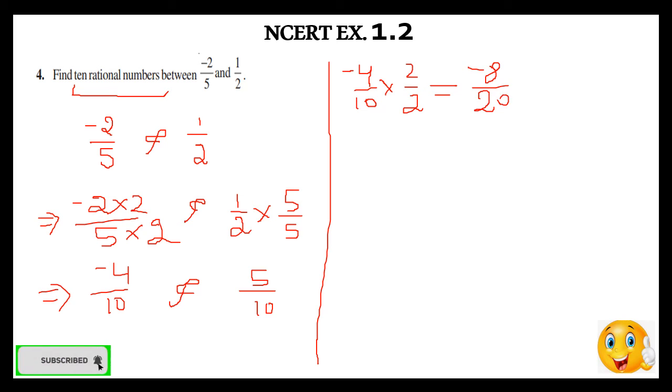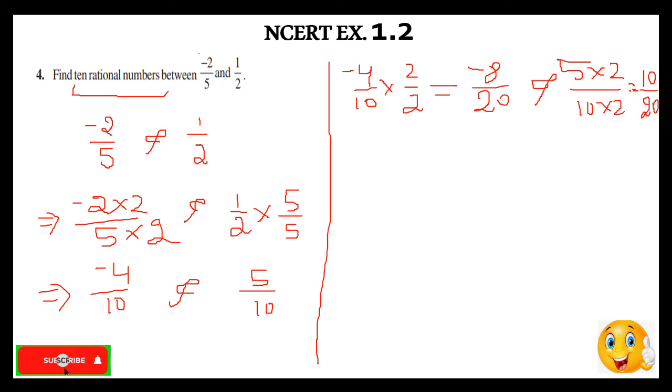So this is equivalent to this. And here we have 5 2 times, that is 10, and 10 2 times will be 20. So we have 10 upon 20. Now enough numbers are between -8 and 10, and we are supposed to find 10 rational numbers. So with denominator 20 we can find them.